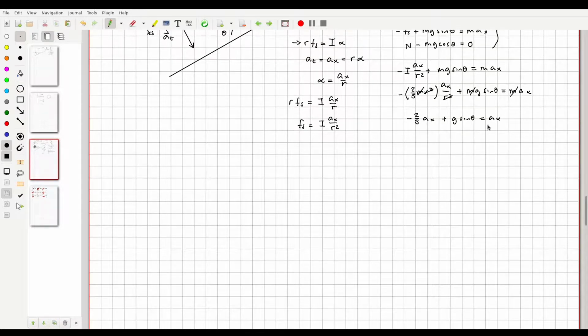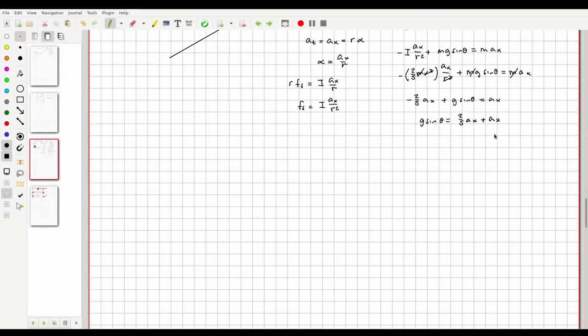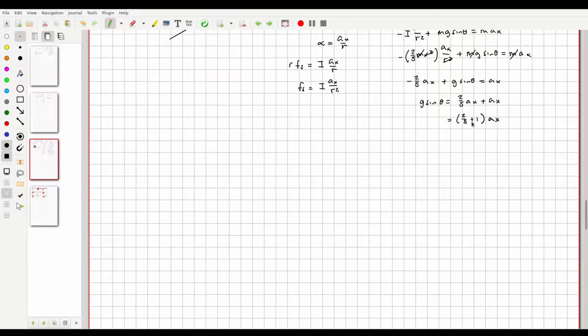So if I were to move this over to the right-hand side and solve for a sub x, let me move it over there to begin with. If I pull the a sub x out here on the right-hand side, two fifths plus one.